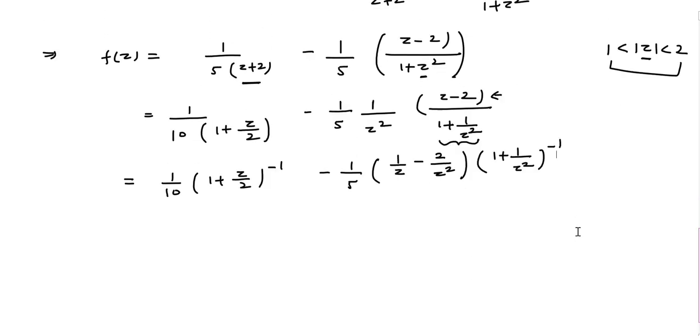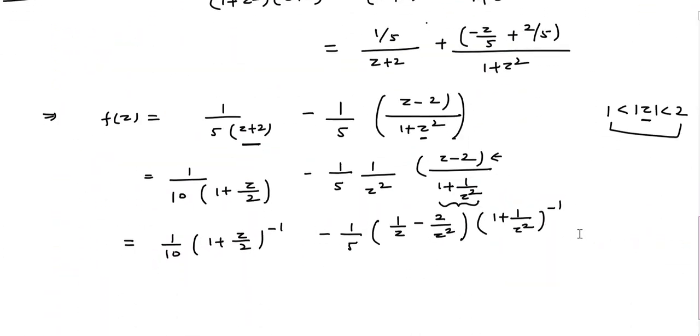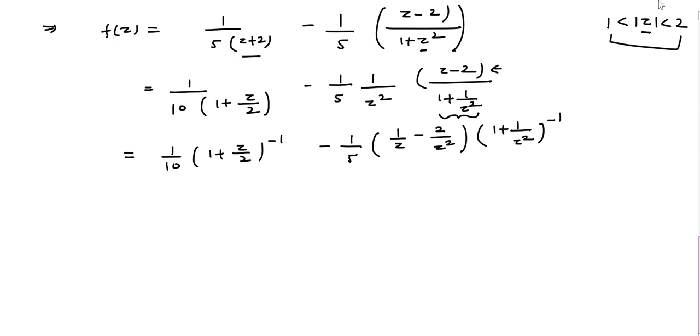But by using the standard series expansion, we can write here that is 1 by 10 in bracket 1 negative z by 2 plus z by 2 whole square negative z by 2 whole power 3 plus dot dot dot.